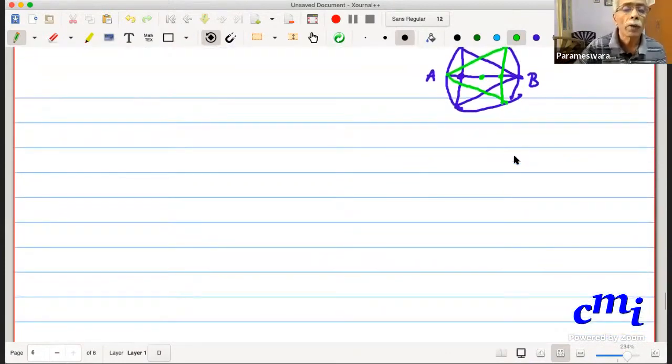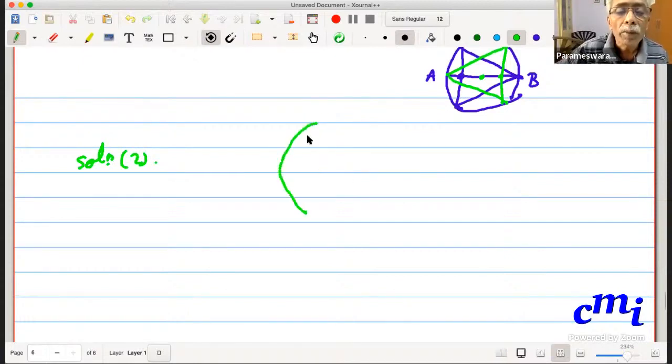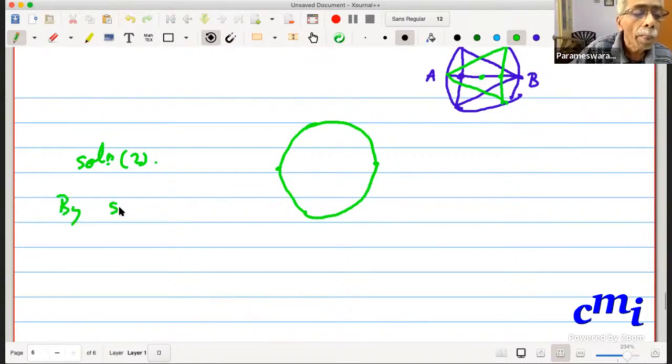Now there are 2 other models. So second way, solution number 2. How do we view this? This is maybe a much simpler model. Again, because of the circular symmetry, by symmetry, fix one vertex.